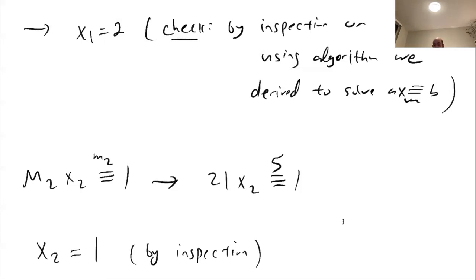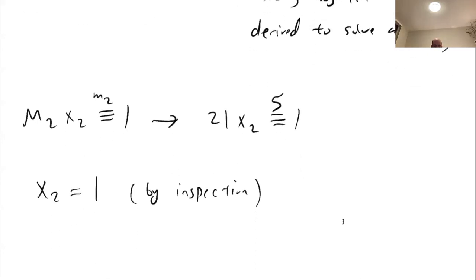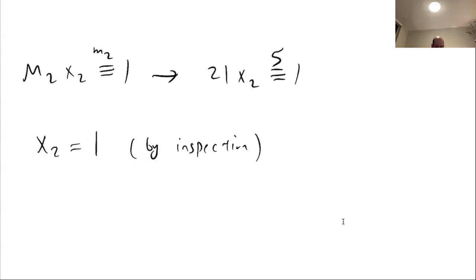So as I said, if it's easy to guess and the question is not asking you to use the algorithm to solve the congruence, then you can guess. 21 times 1 is 21, which is 1 mod 5. So this one was very easy to guess. So you can say by guess or by inspection.